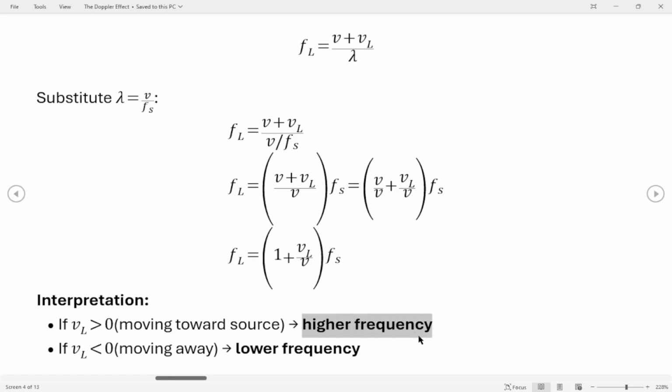That is the reason why when the ambulance is still approaching towards your location, you hear that the pitch of the sound from the ambulance is high. And when the listener is moving away from the source, take note of that, that means that the velocity of the listener is lesser than zero. So in this case we use negative velocity. All right, so what will happen to the frequency?